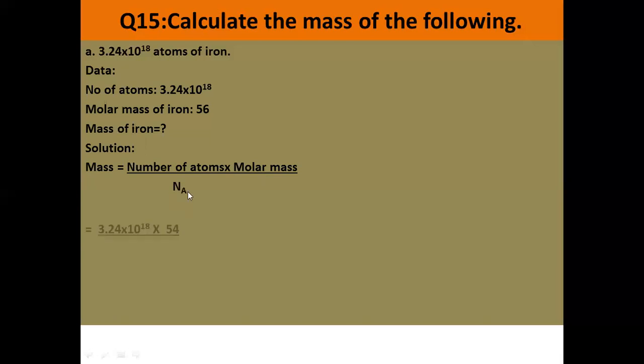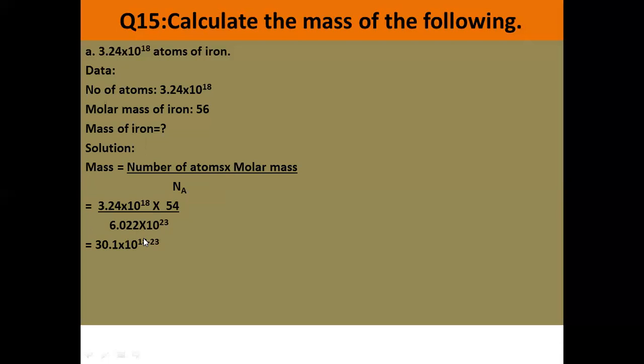By putting the values, number of atoms are 3.24 into 10 raised to power 18. Molar mass of iron is 56. I mistakenly mentioned 54, it is 56. Avogadro's number is 6.022 into 10 raised to power 23.